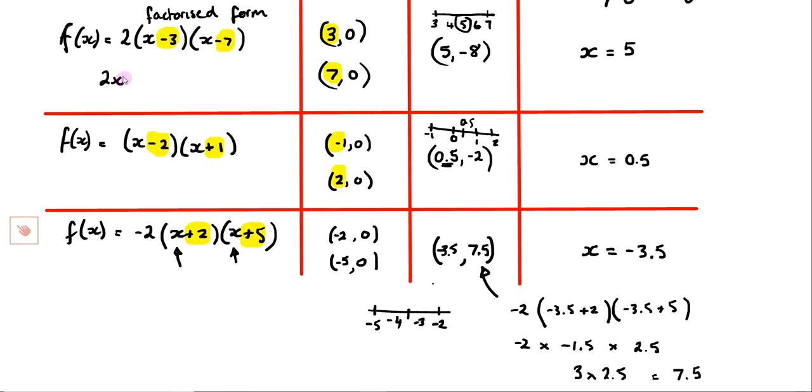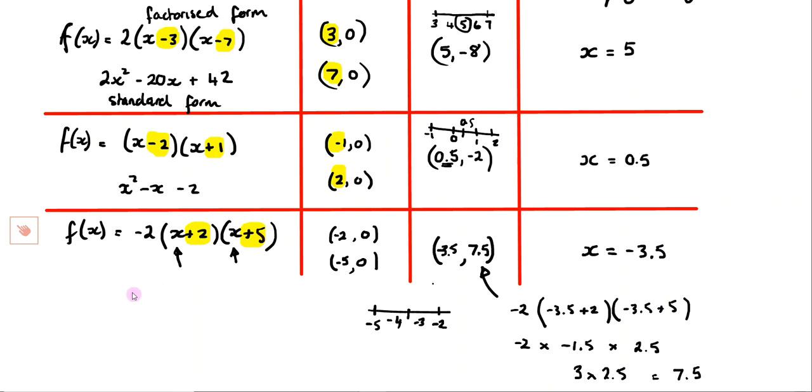So it's going to be 2x squared minus 20x plus 42. Does any of this in standard form help you find the intercepts, the vertex, or the axis of symmetry? Any information there? No, so it's the factorized form. Same with this one. This was x squared minus x minus 2. Any help? Not really.